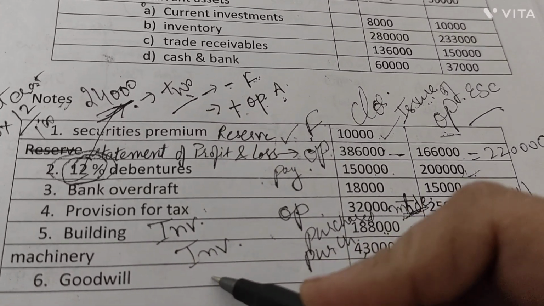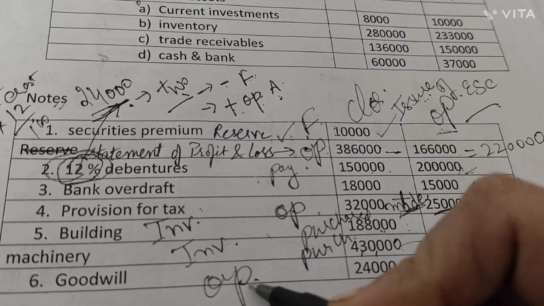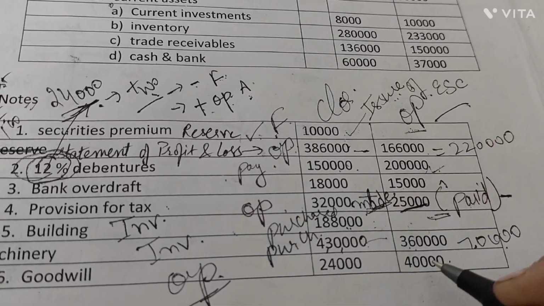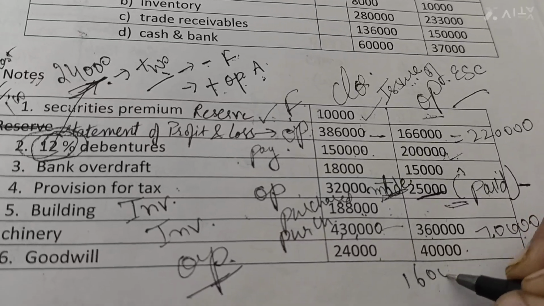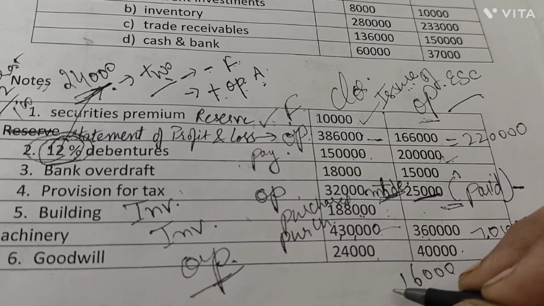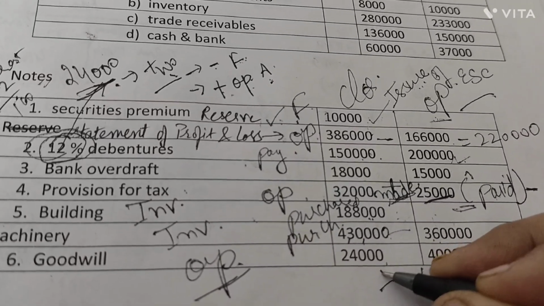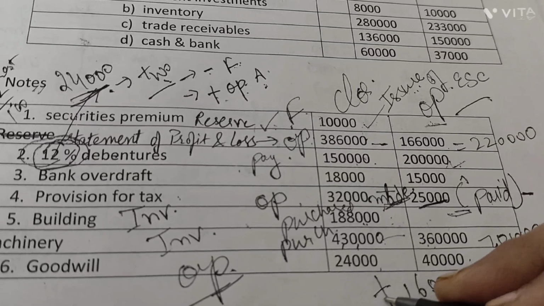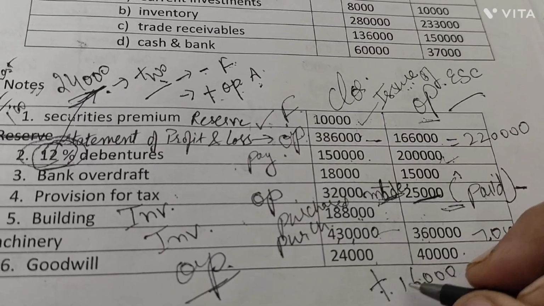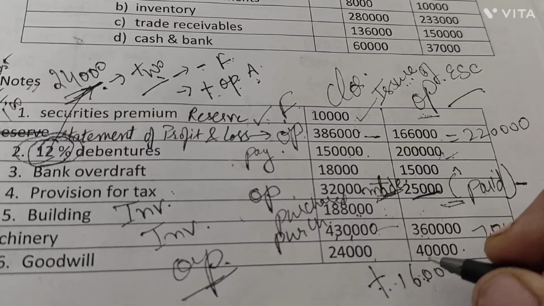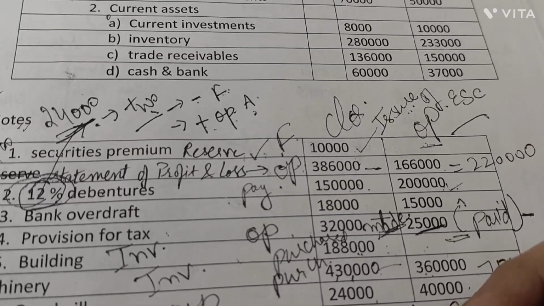So it would be taken to the operating activities, where we will take 16,000 rupees which goodwill was written off. Now goodwill written off is a non-cash expense, so it should be added to your cash flow statement. Non-cash expenses or non-operating expenses are added to the cash flow statement.